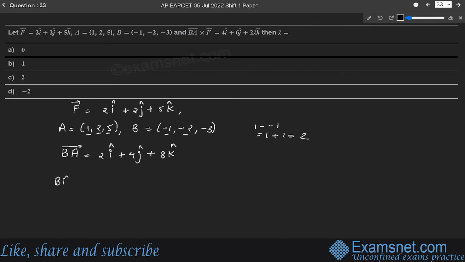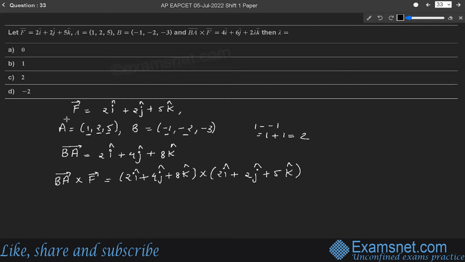F vector is already given here. So BA vector cross F vector will be equal to (2i cap plus 4j cap plus 8k cap) cross (2i cap plus 2j cap plus 5k cap).